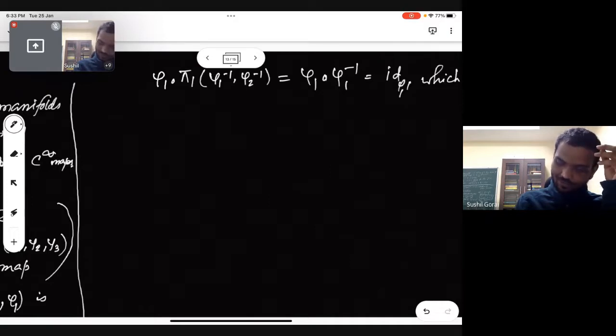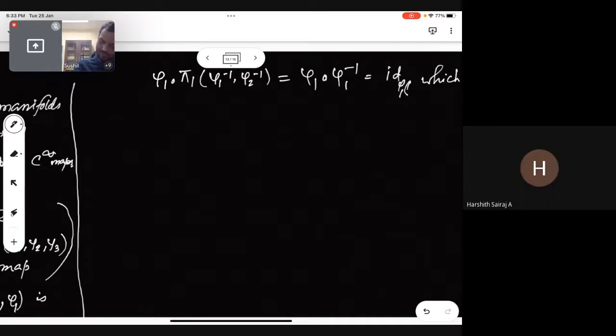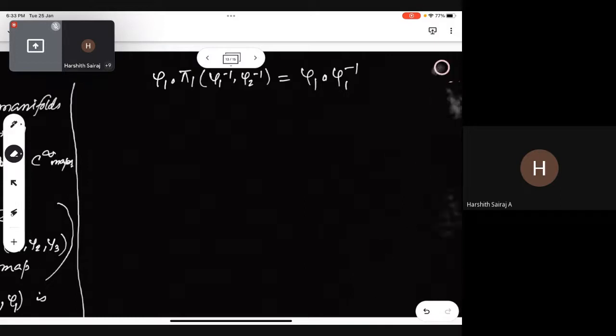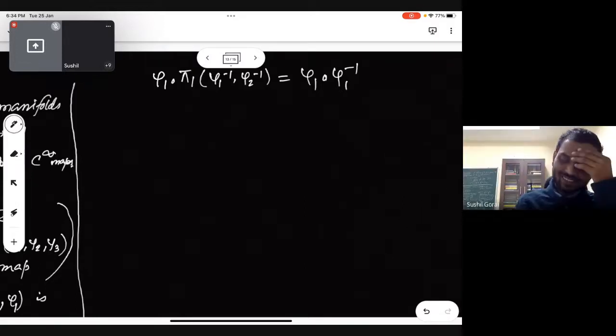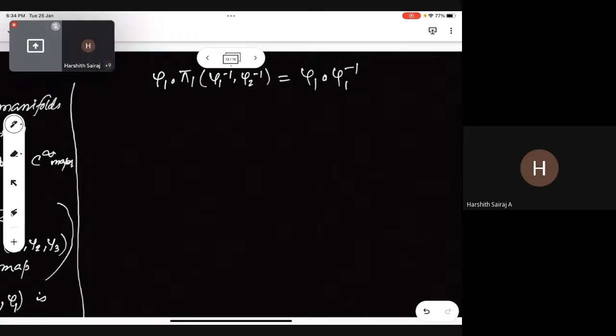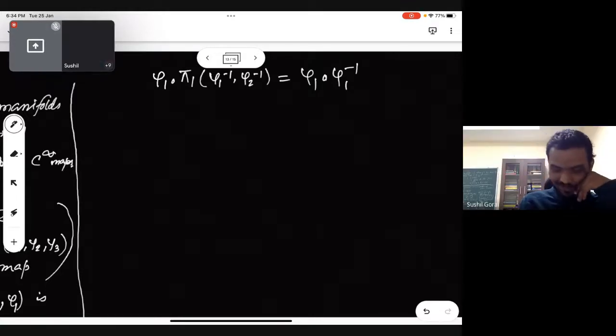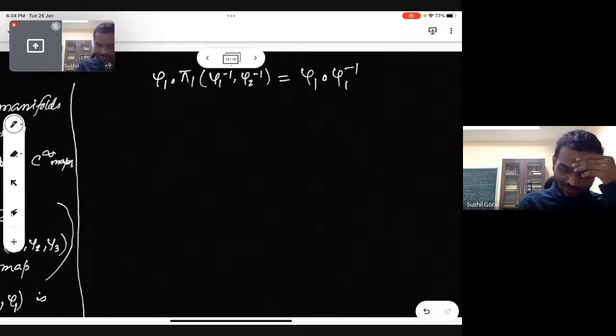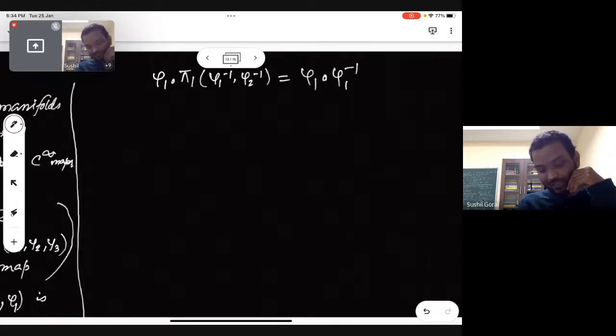Sir, it's not identity, right? It should be like from higher dimension, from m plus n, you're going into m, so it'll be the projection map in R^(m+n). That makes sense, and phi compose phi inverse is also fine.